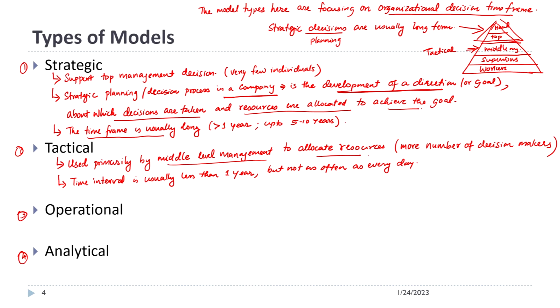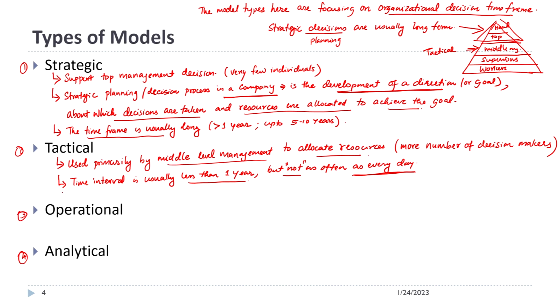Okay. The key phrase here is not as often as every day. So, daily decisions are not part of this. This is not a daily process, but it is not a too long time either. So, the time horizon is less than 1 year. Typically it is between 1 year and daily decisions, that is what you can think about.